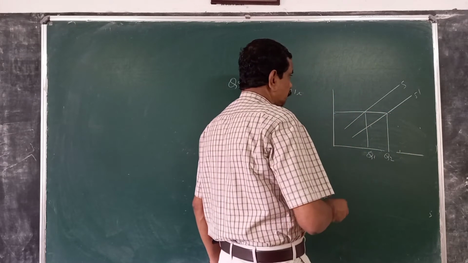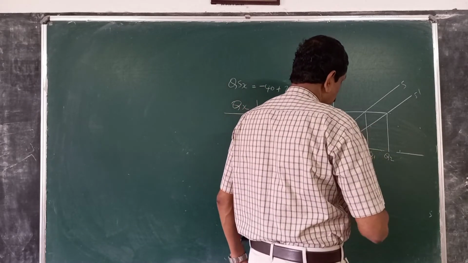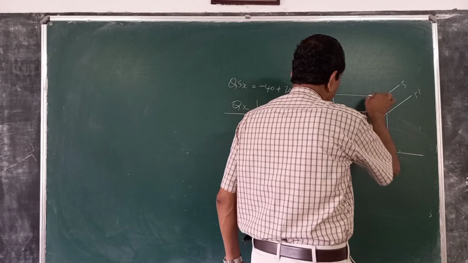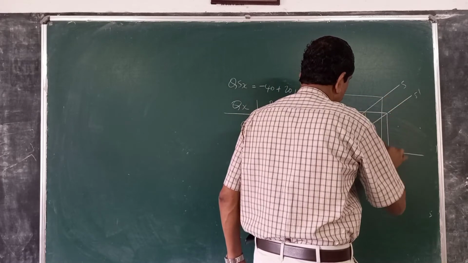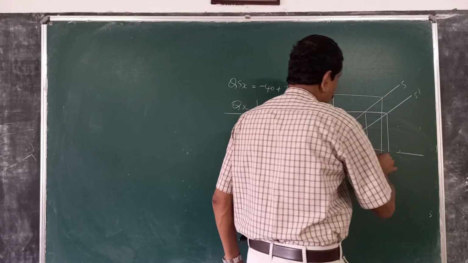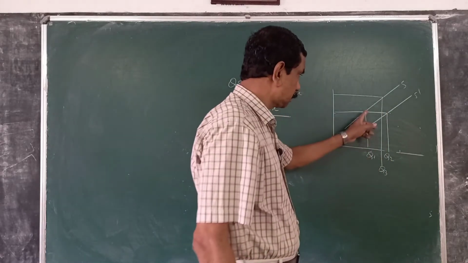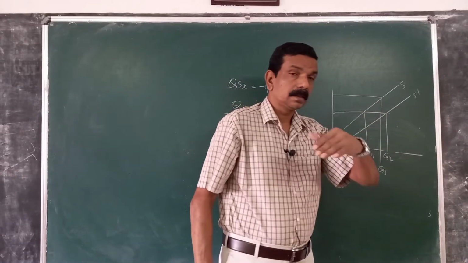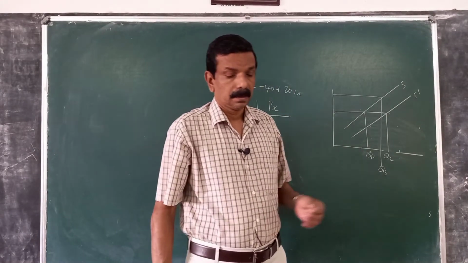Now suppose that as a result of an increase in price, more is supplied, so Q1 to Q3. This is due to a change in price. That is an increase in quantity supplied.